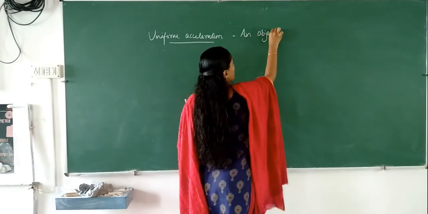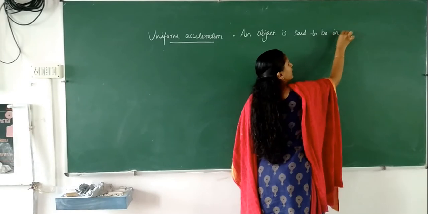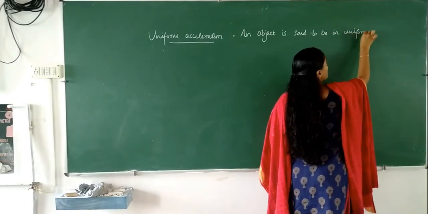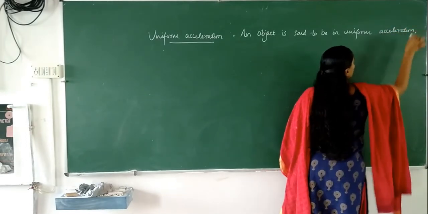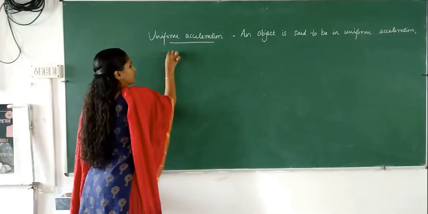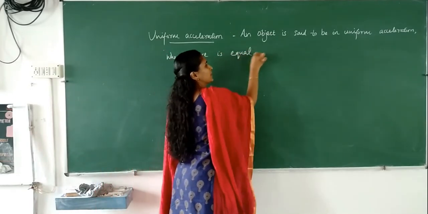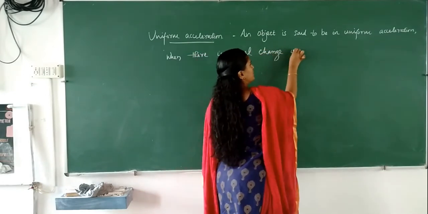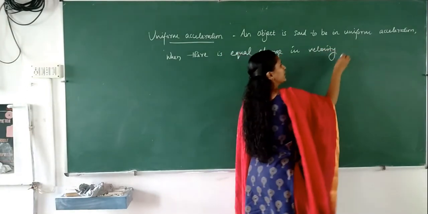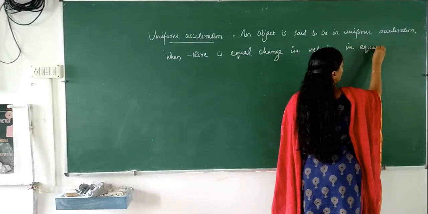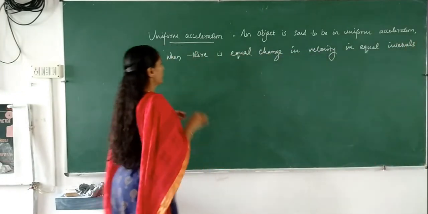An object is said to be in uniform acceleration when there is equal change in velocity in equal intervals of time.